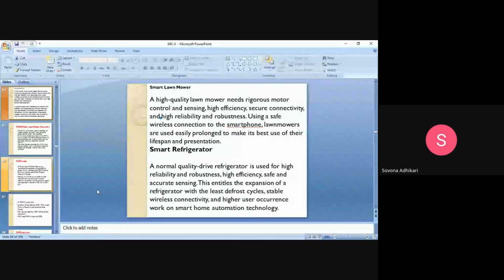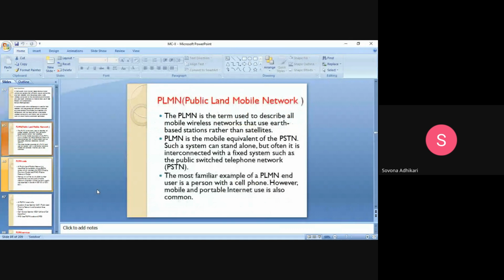It automatically frosts and defrosts, and if a particular temperature is reached, it automatically defrosts. So these are examples of smart home appliances. One is the smart lawn mower, another is the smart refrigerator. All are using smart sensors.